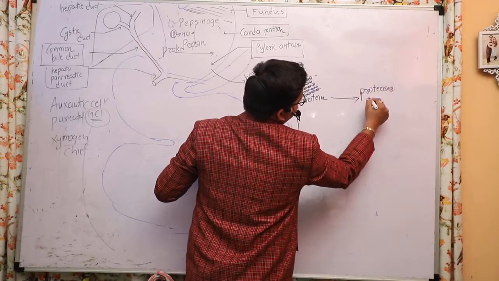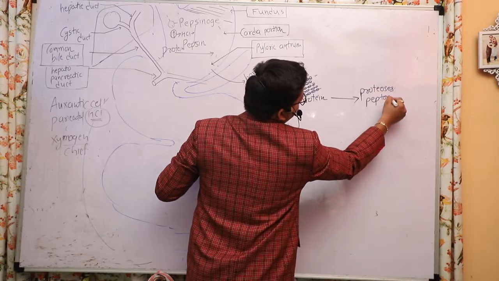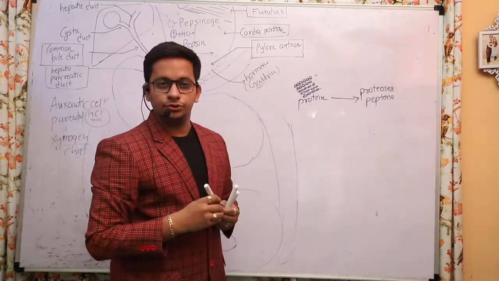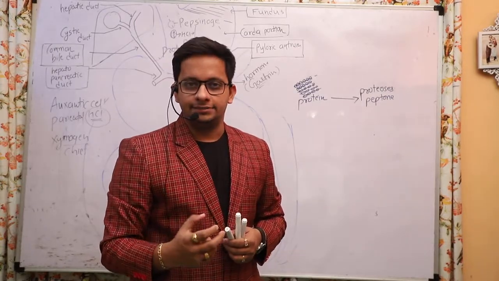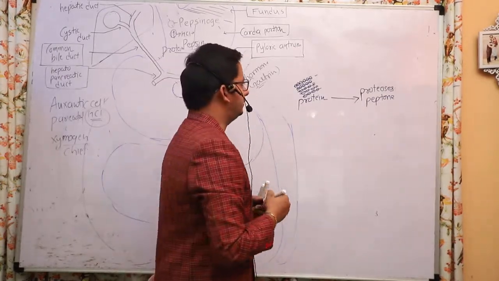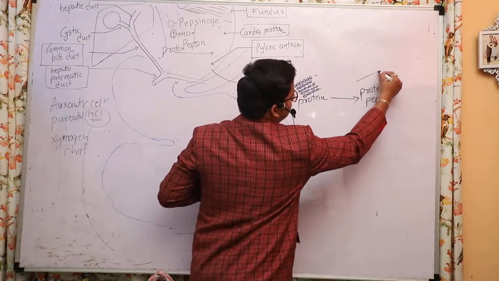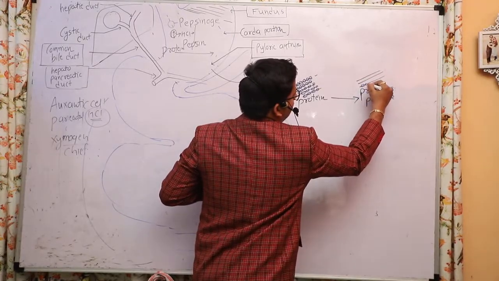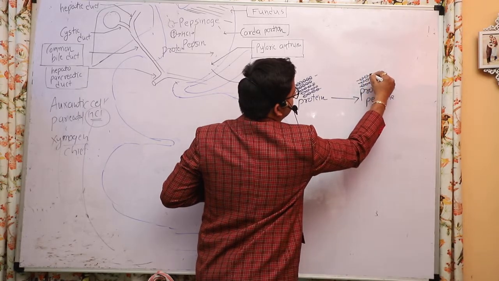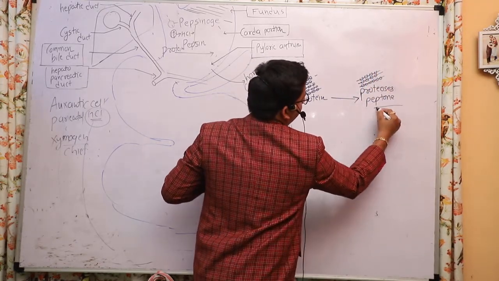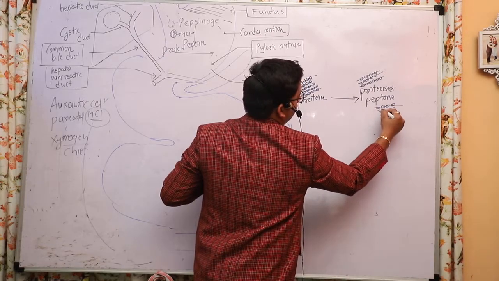Now protein will be converted into two products, proteoses and peptone. What are proteoses and peptone? Do you know? You can search in Pradeep book or Errorless book. You will find the answer. What is proteose? The larger digestion product of protein is called a proteose, and the smaller product is called a peptone.